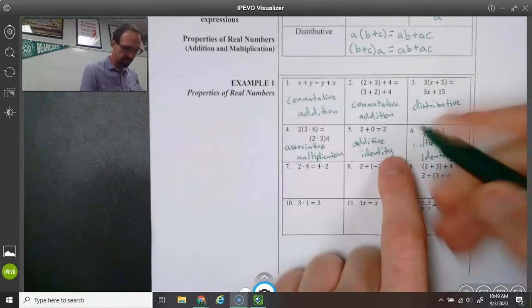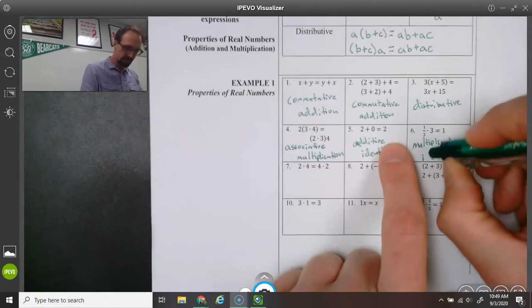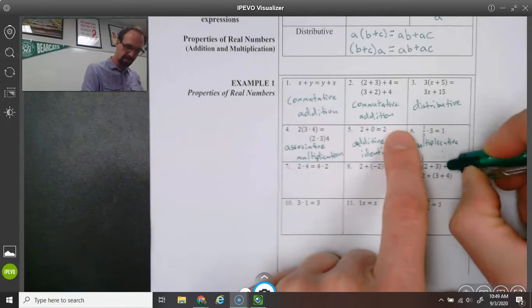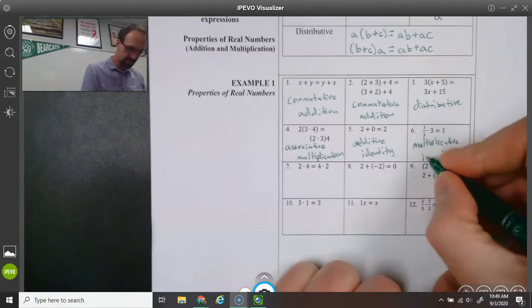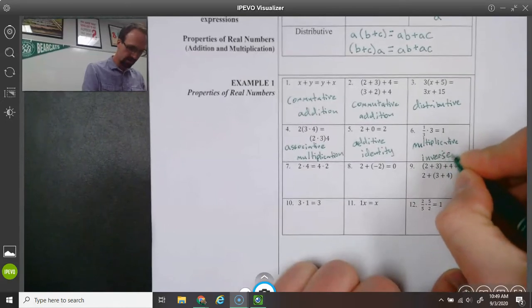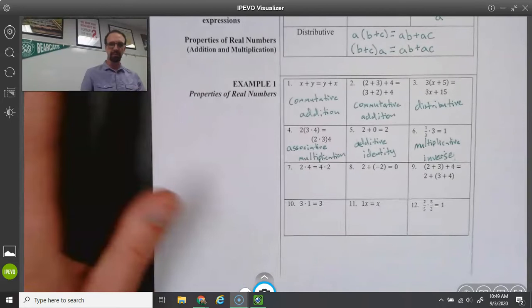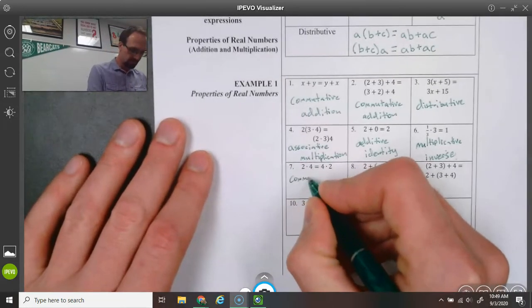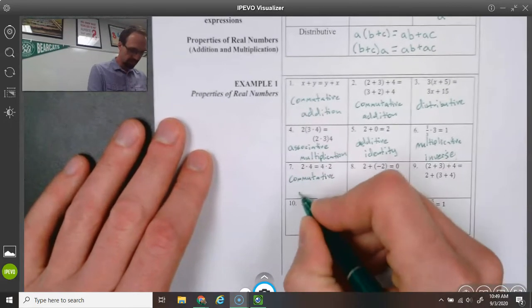That's the multiplicative inverse. I was looking at that and thinking, wait a second. That's not quite right. There we go. That's the multiplicative inverse. The next one, 2 times 4 equals 4 times 2. We're just changing the order, so that's commutative, with multiplication.